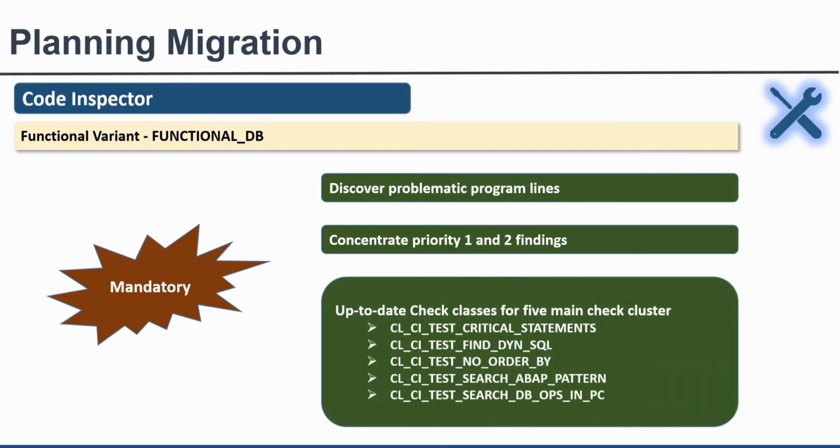There are check classes for the 5 main check clusters. So it is important that the system has all the up-to-date objects. Here you can see some situations where it was working fine before and causes issues with HANA.